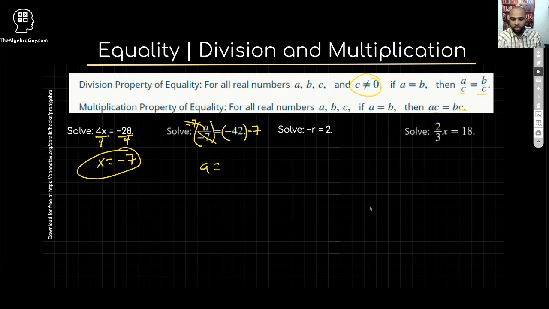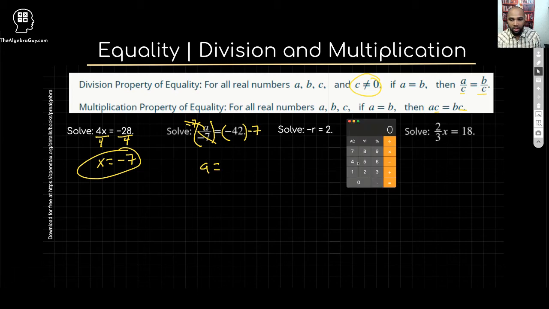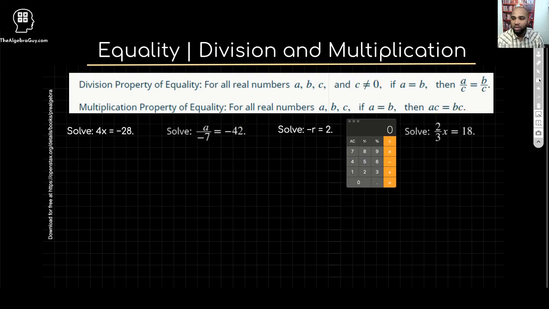And I'd rather use my calculator just to make sure I did this right. 42 times 7, 294. Should it be negative or positive? I'm hoping you're saying positive because we got negative times a negative. So great job.